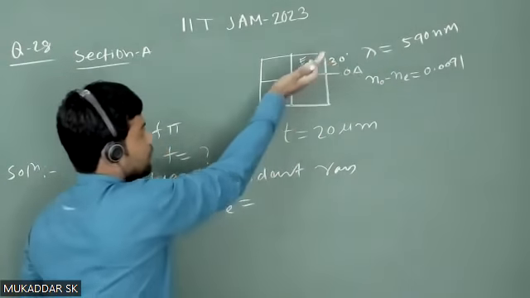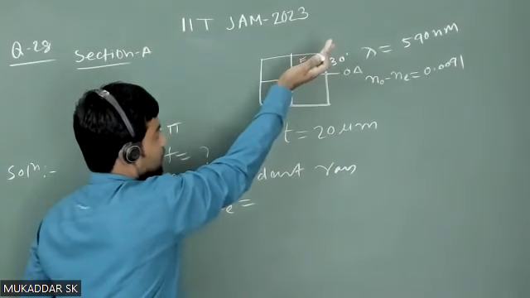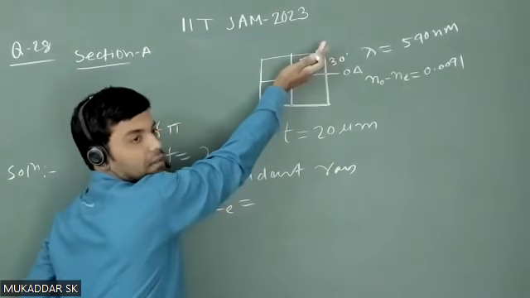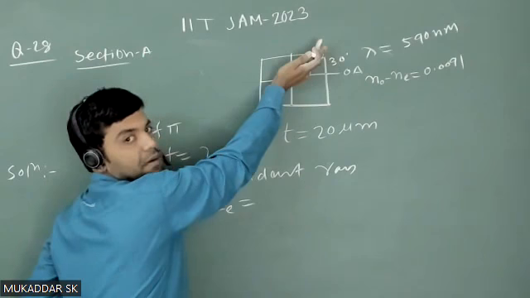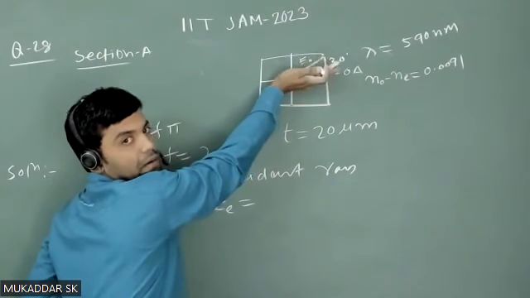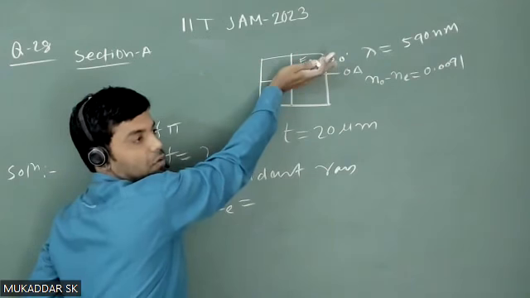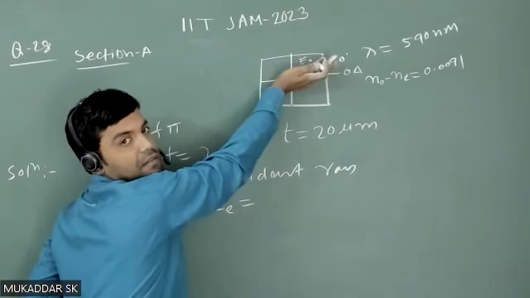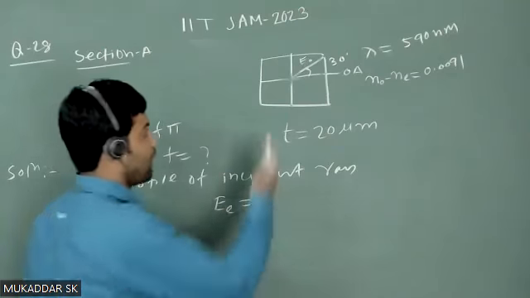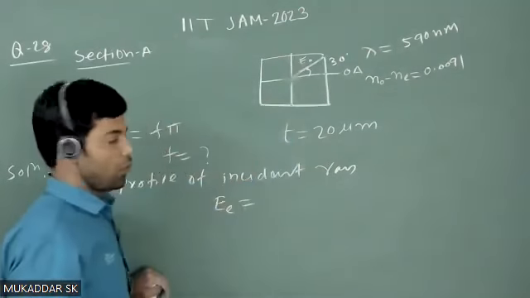As you know, if plane polarized light is incident at an angle theta, it will be split into two components in a double refracting crystal. The component along the optic axis is the E ray, and perpendicular to the optic axis is the O ray.